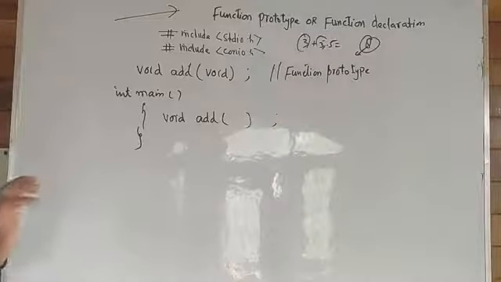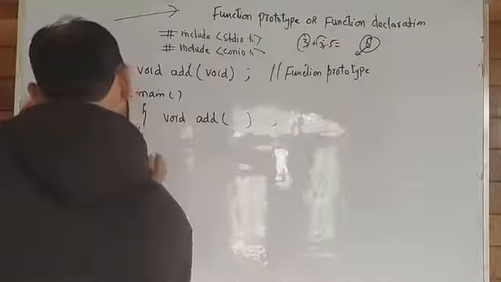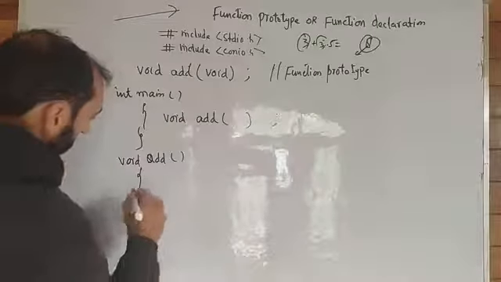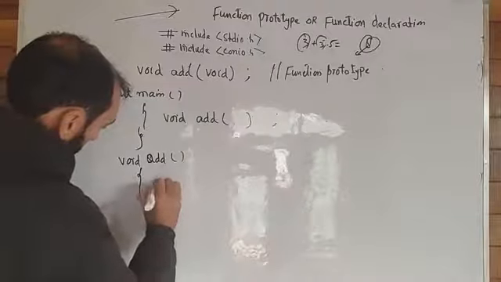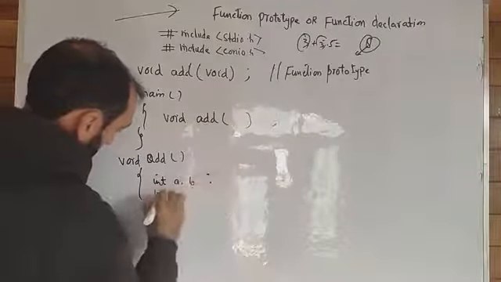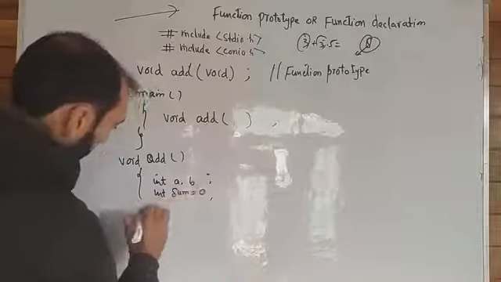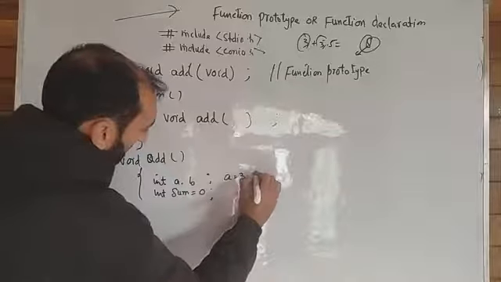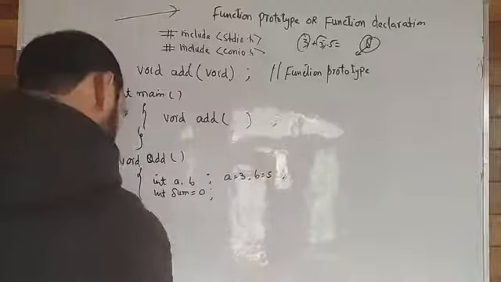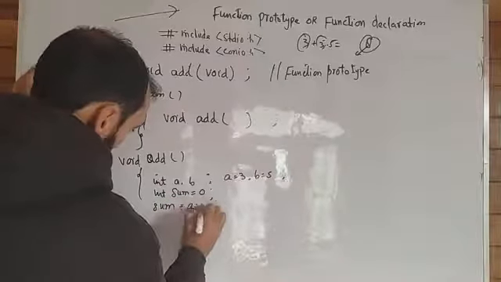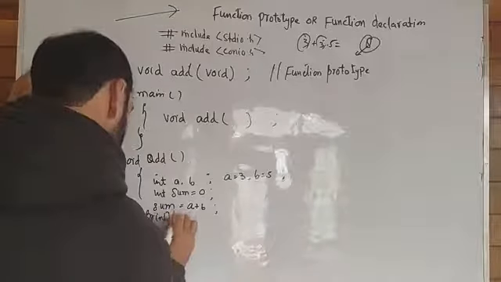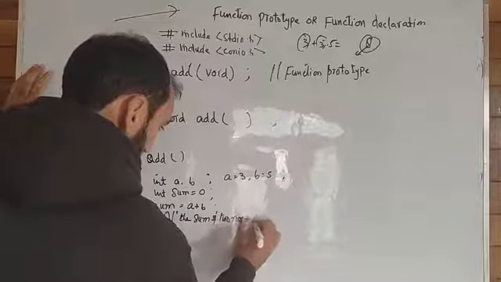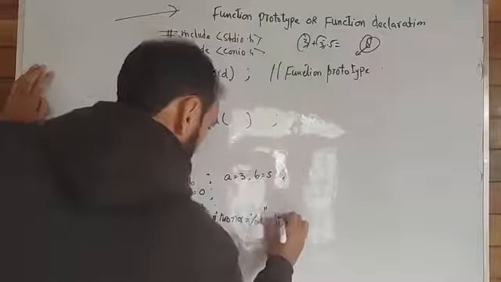And add is another function: void add, with integers a, b, and int sum equal to 0, or I can declare here a equal to 3, b equal to 5, sum equal to a plus b, and print the sum of 2 numbers equal to %d, sum.